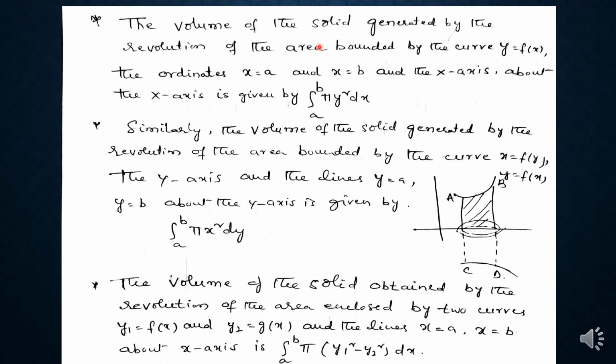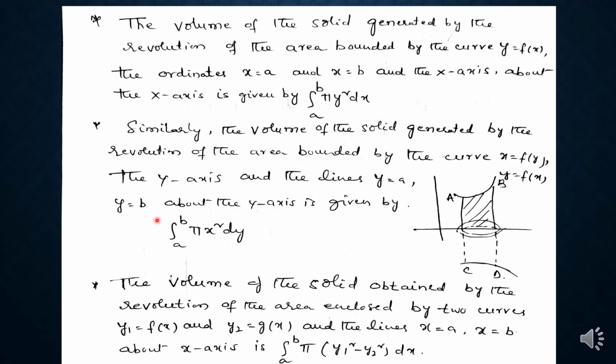So the volume of the solid generated by the revolution of the area bounded by the curve y is equal to f of x, the ordinates x is equal to a and x is equal to b, and the x-axis, about the x-axis is given by integral a to b pi y square dx. So this is the formula to find the volumes of solids of revolution.